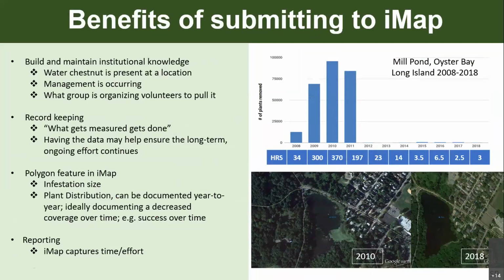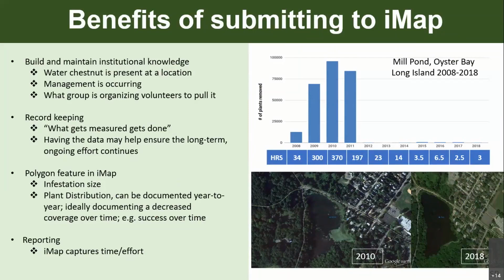In terms of record keeping, it says here what gets measured gets done. So it's in the database, and people can follow it through time, and it's much easier to continue the process rather than forgetting about it from year to year.